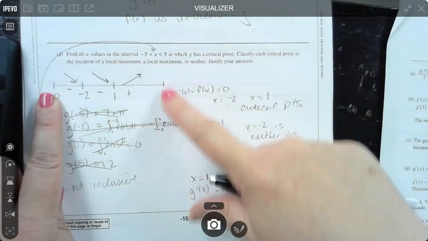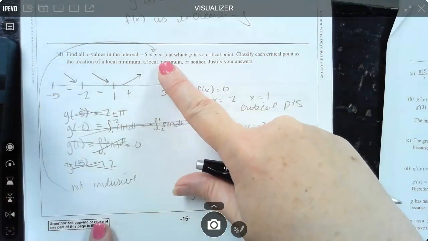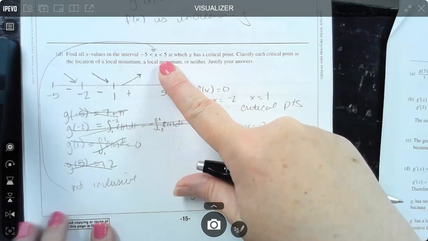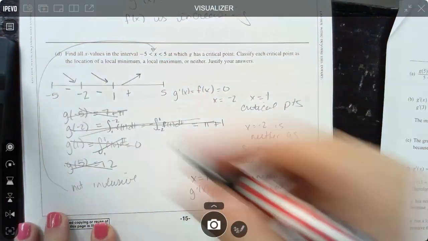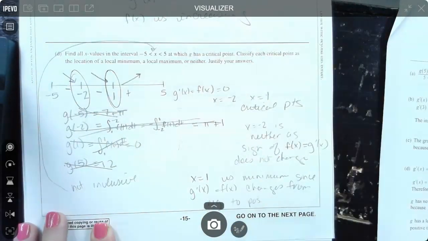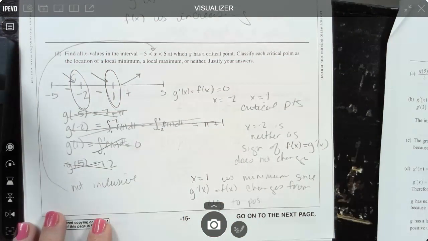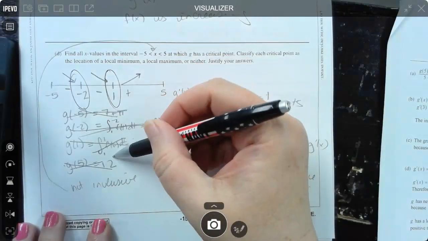But you didn't need the endpoints because the interval isn't inclusive there, so you don't have to test the endpoints. They're just asking for a local extremum. If they ask for an absolute, that's when you have to plug in like this.